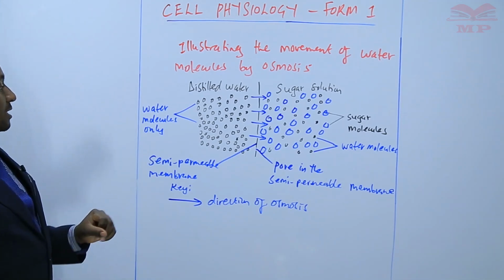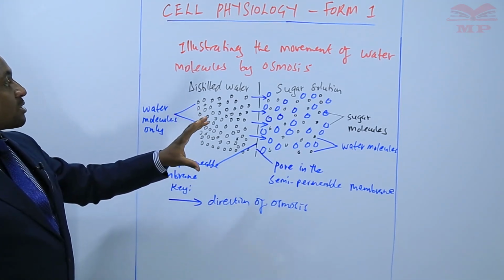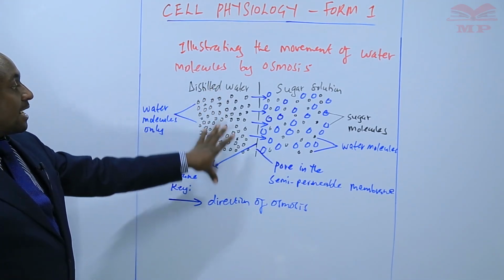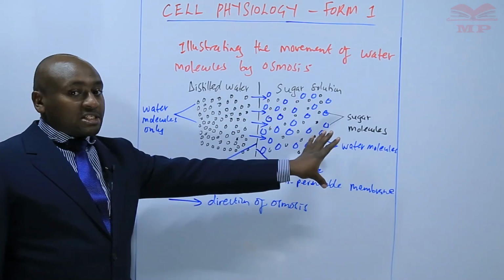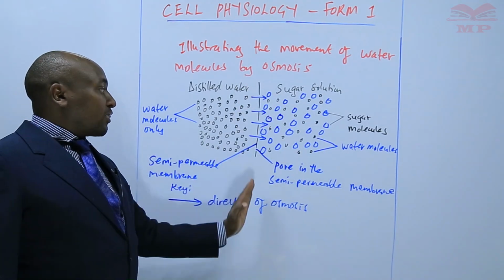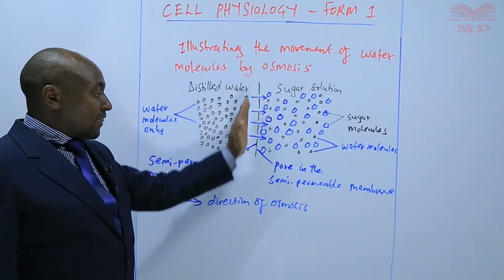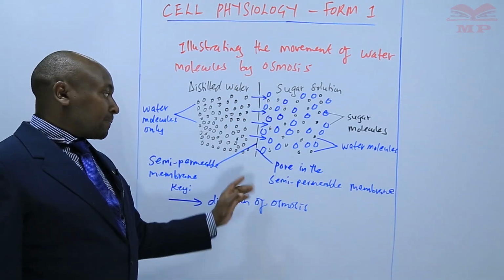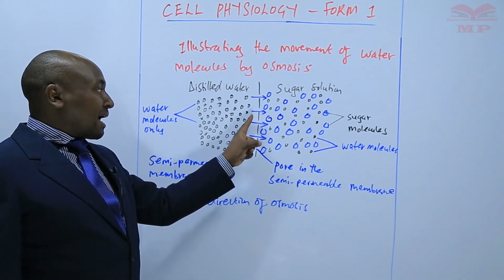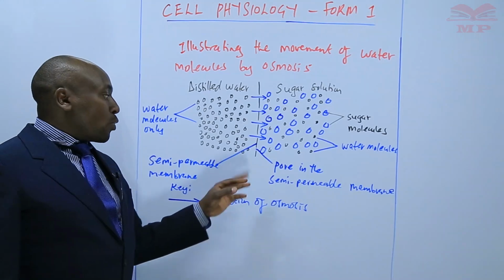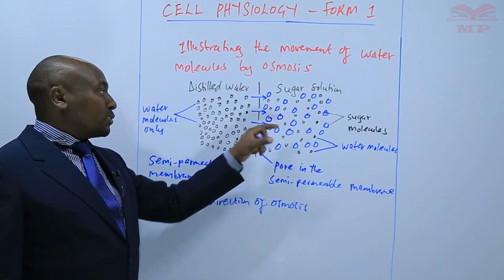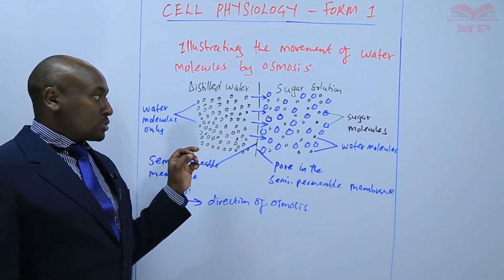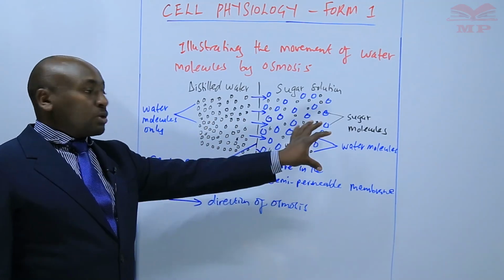We can also say that osmosis occurs from the dilute solution to the concentrated solution through or across the semi-permeable membrane. And the semi-permeable membrane has some pores through which only the water molecules can pass, not the sugar molecules. Not the sugar molecules because of their size.